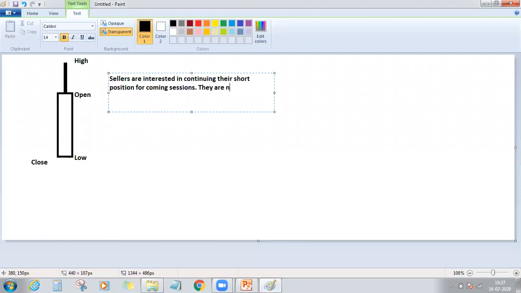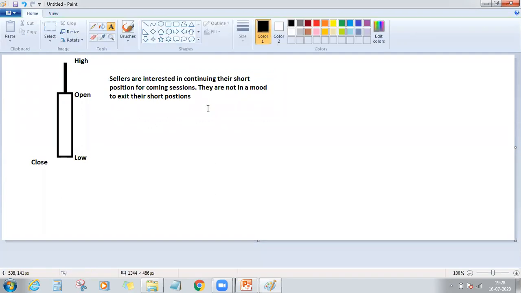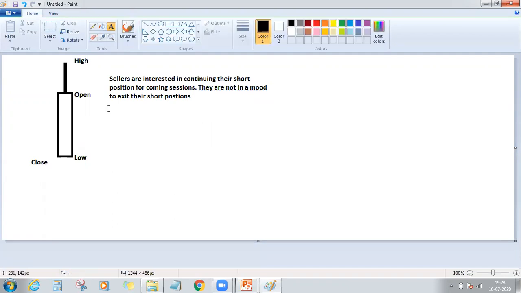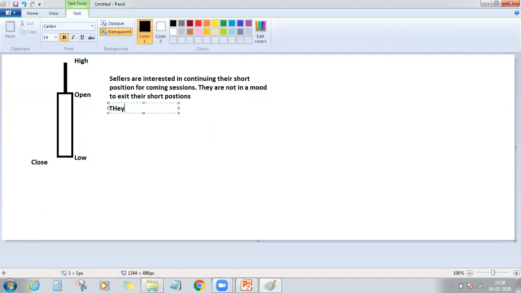They are not in a mood to exit their short positions. That is the reason the low and close both are the same. The other way to look at it is the sellers are strong until the close of the session.